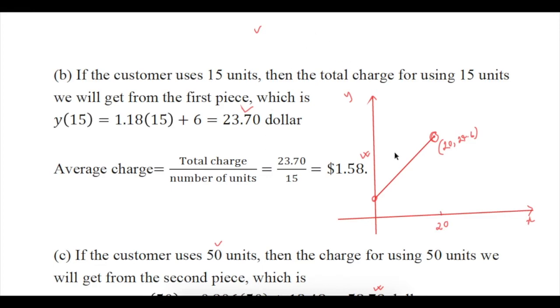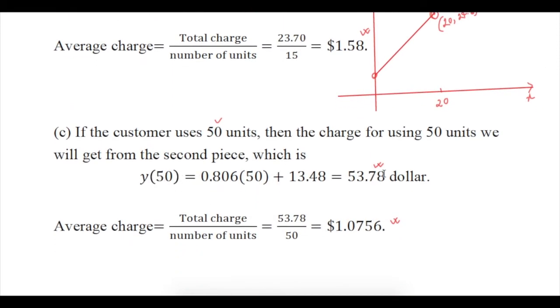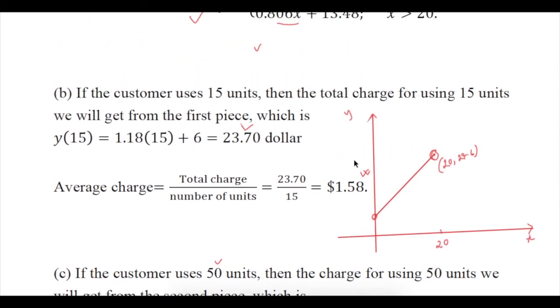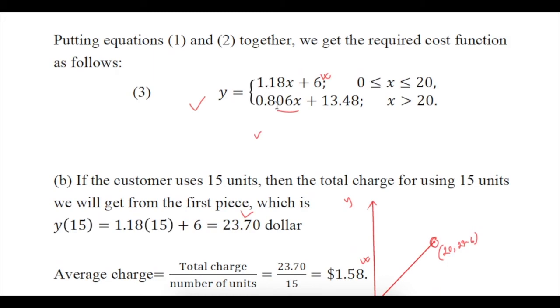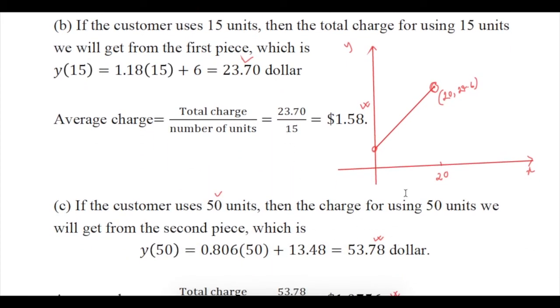And the second line we will initiate from this point. So in order to draw the second line, we need another point, which is 50, 53.78. And you see the second line is less steep. The slope is smaller than the first line, so it will be less steep. Let's say 50 is here and 53.78 is here, so 50 comma 53.78.